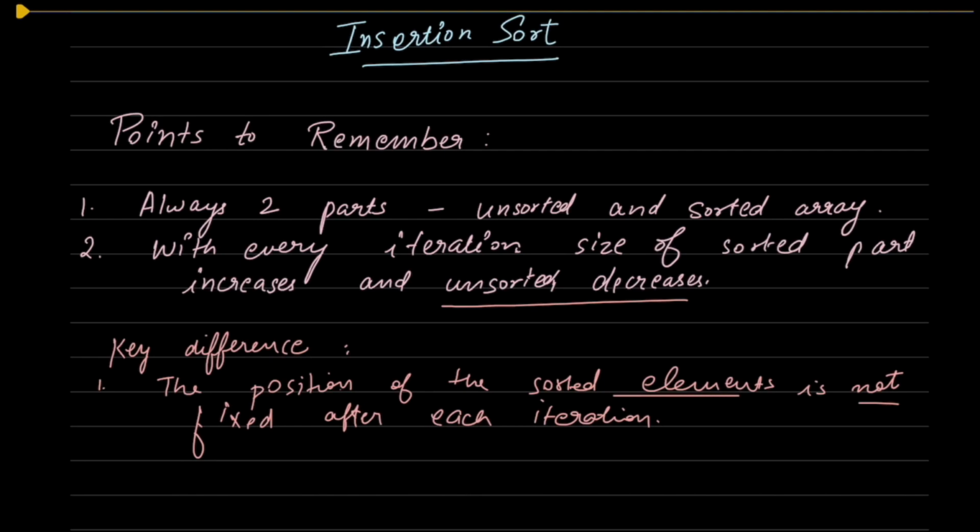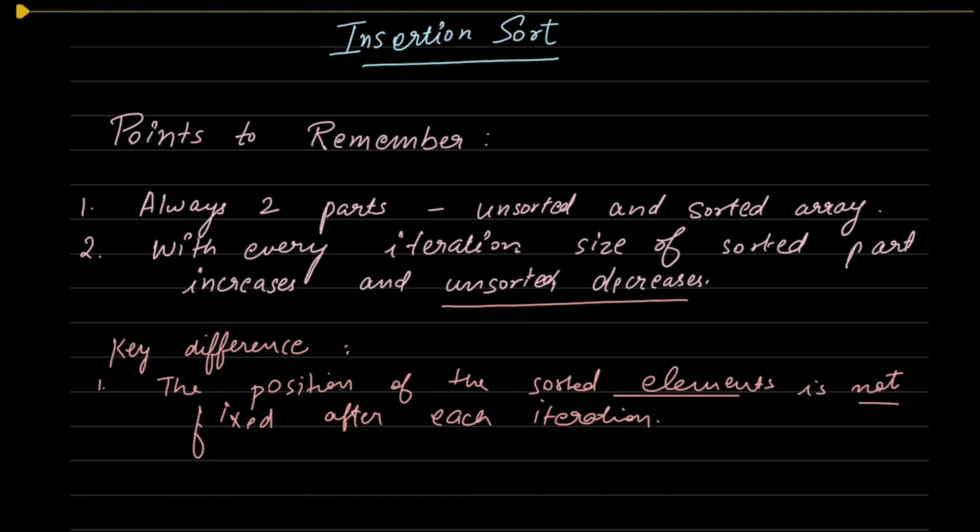But in insertion sort, we continue to make one part of the array sorted on one side, but the position of the elements in that part can still change after we introduce all the elements.